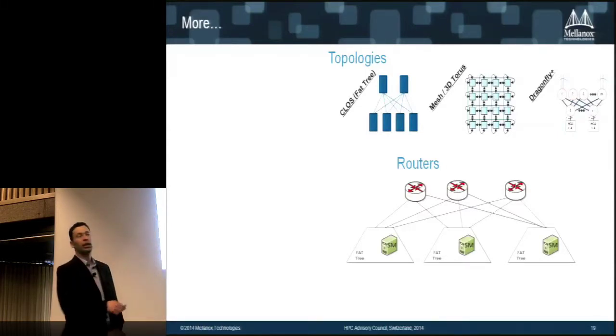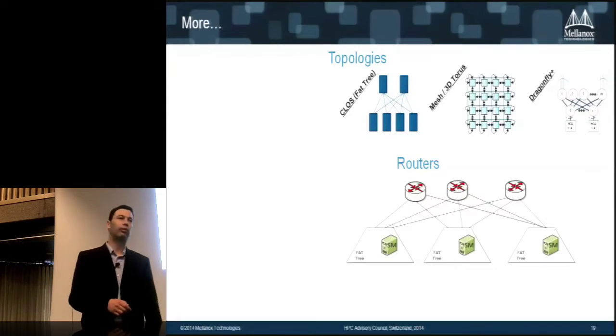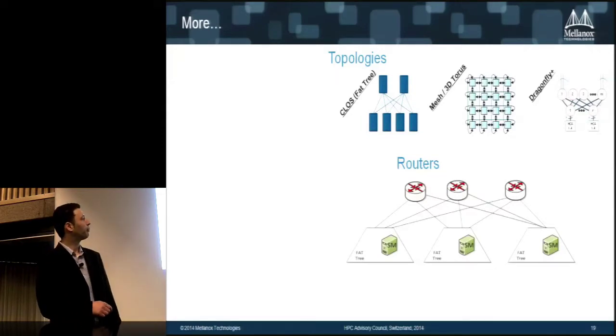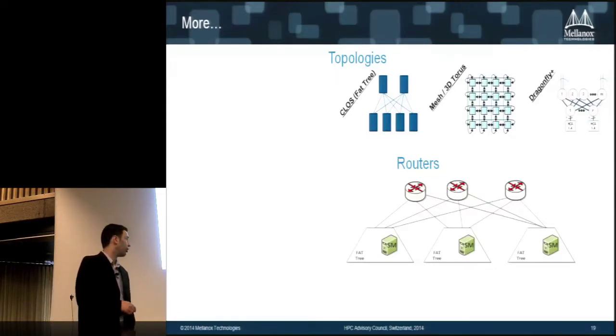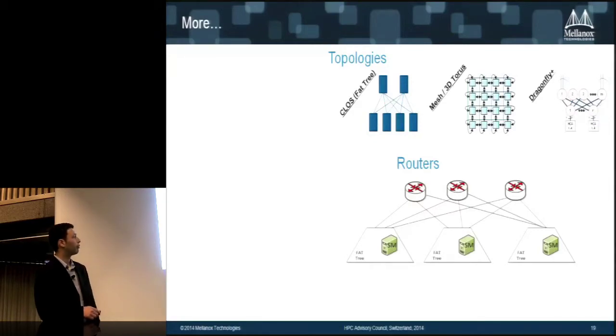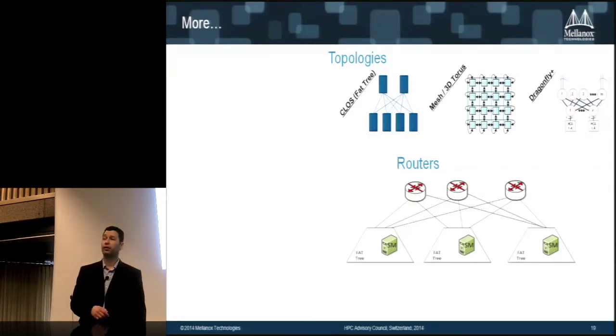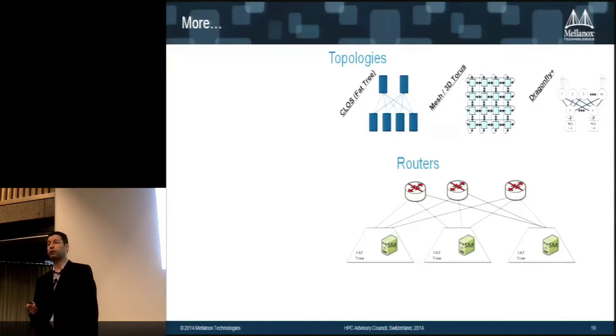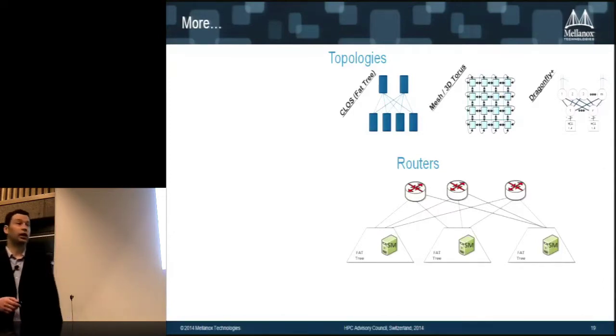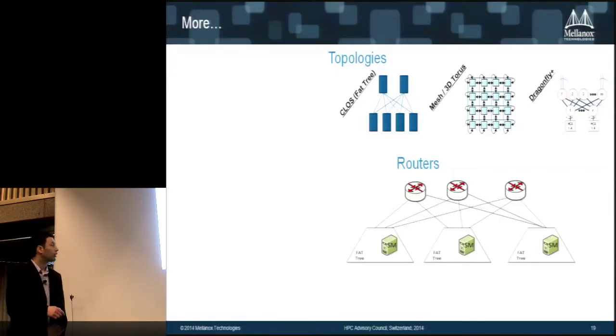It's like adding yet another hop in a fabric topology. But this brings some more isolation. So for example, you can run a separate subnet manager in each one of the clusters. So if there is a big failure or a maintenance or anything like that, it will only have impact on part of the cluster. It will not have impact on the rest of the pods that are in here.